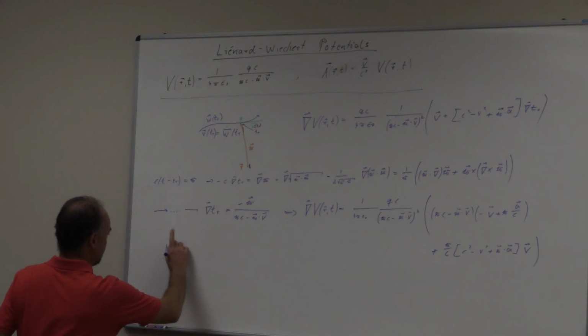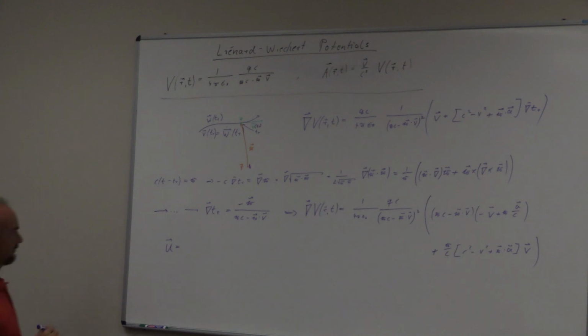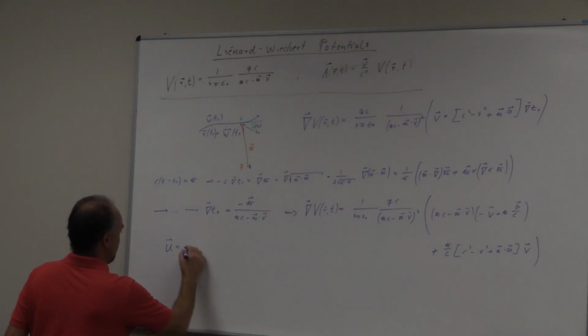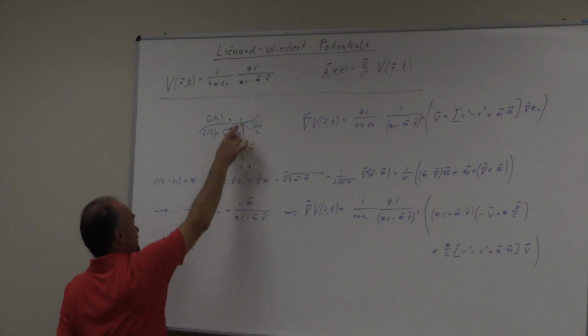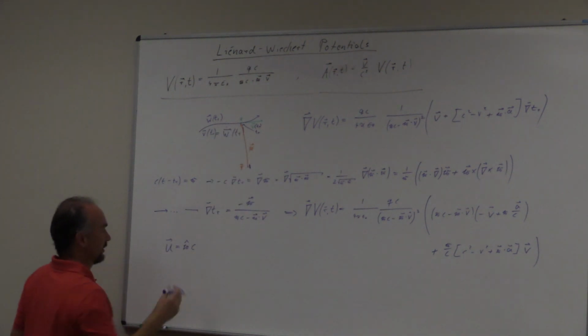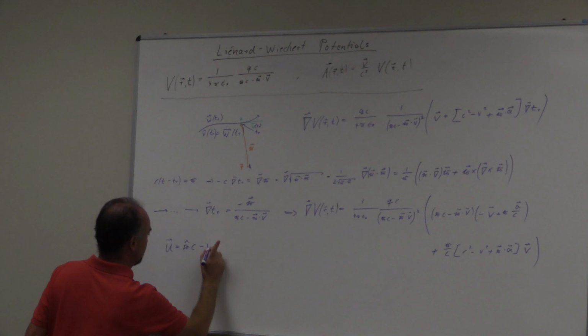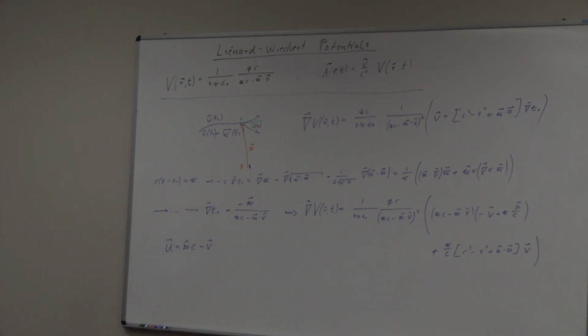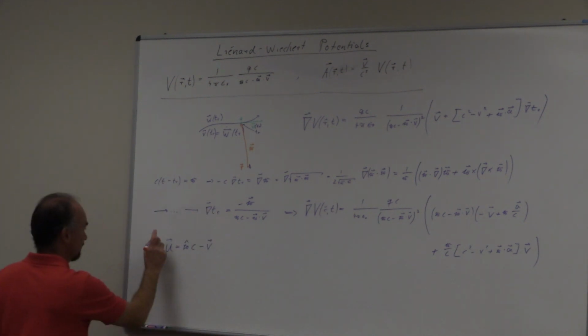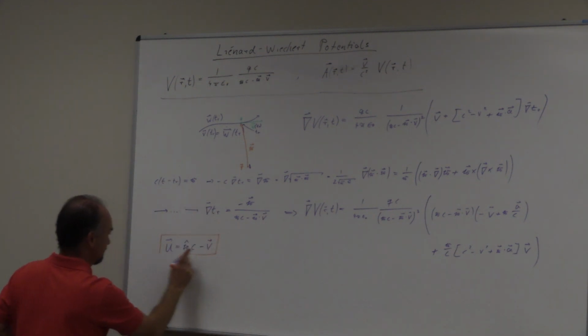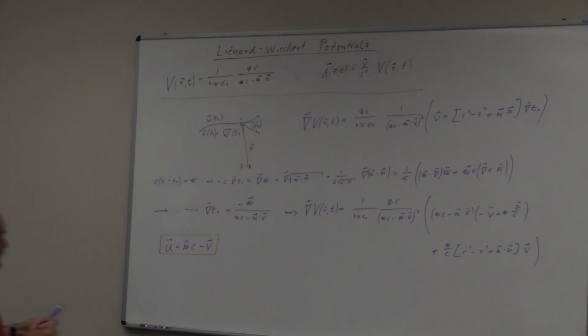So we define a vector u that is something like a velocity that has the unit vector of r, so the direction, but the speed of light in this direction, minus the physical speed of the particle. So this is a definition that just saves quite a bit of writing, nothing more to it.